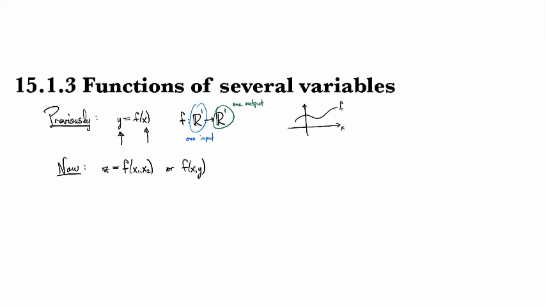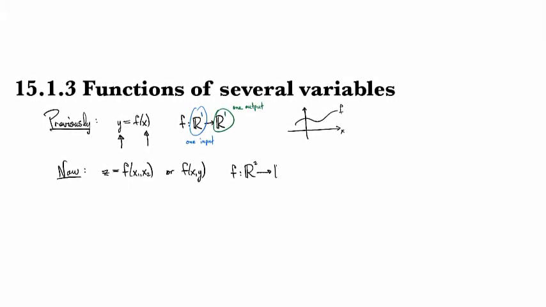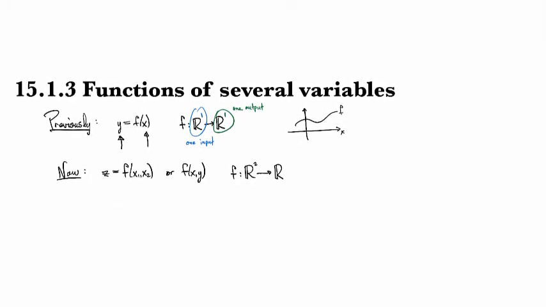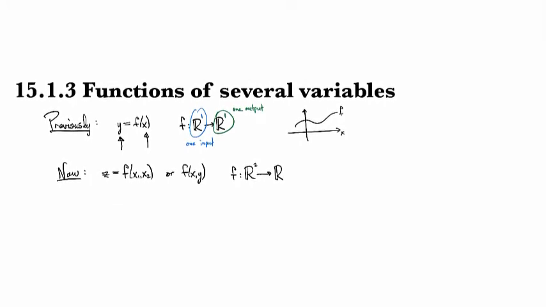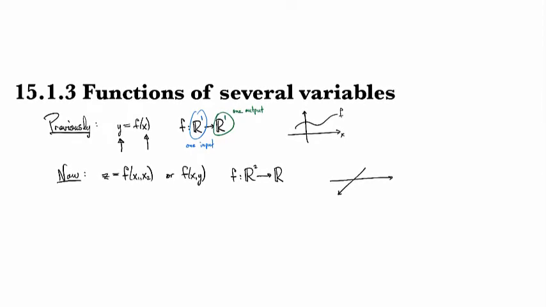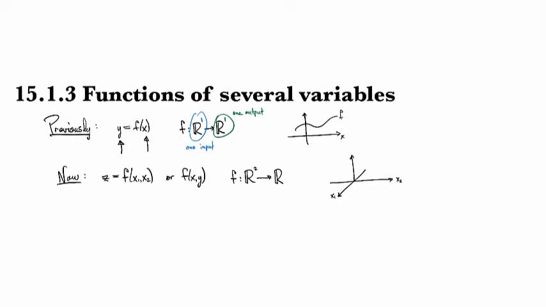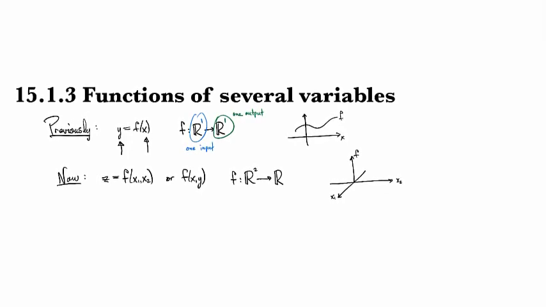And so something like this, now we're talking about a function from, when we're taking two variables, we're mapping from the plane R2, and there's a one variable output, and so the domain looks like R2, so here's x1, x2, and then here's the output, we'll just call it the f-axis.